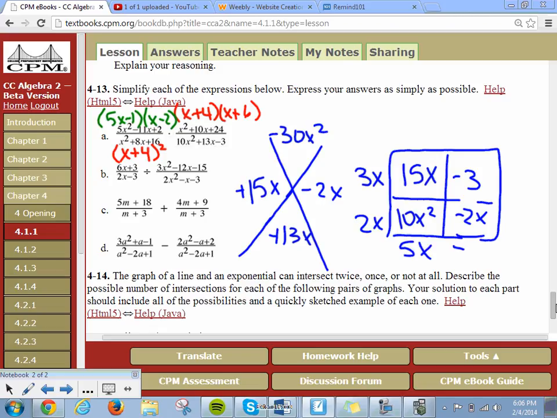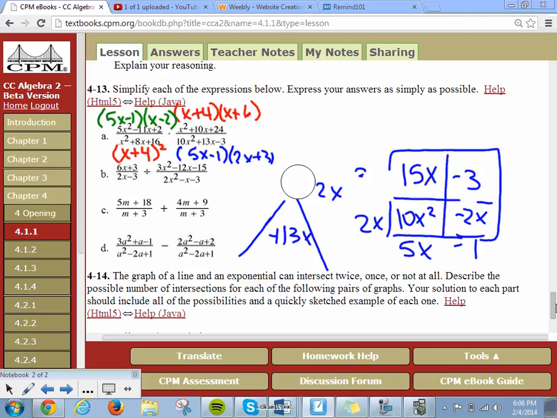Over here we've got a 2x, pulling out a 5x and a negative 2. Oops, sorry, negative 1, my bad. So here we're going to have 5x minus 1 and 2x plus 3. Never mind that x that I put on the next one.